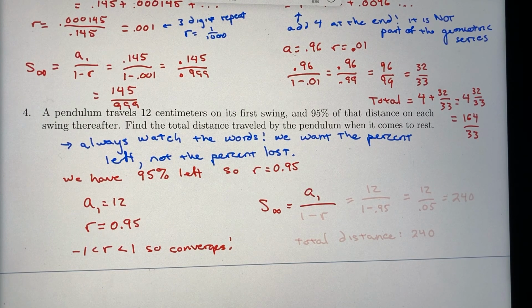I'm not talking. Oh, well. So the total distance that it ends up swinging is 240 centimeters.